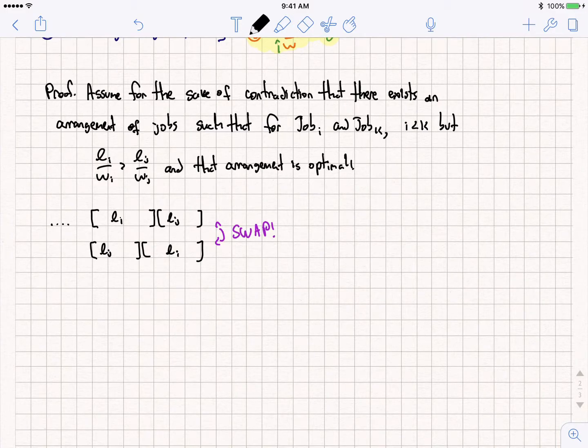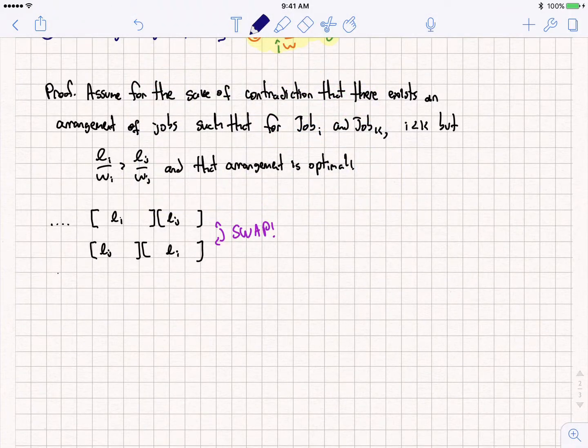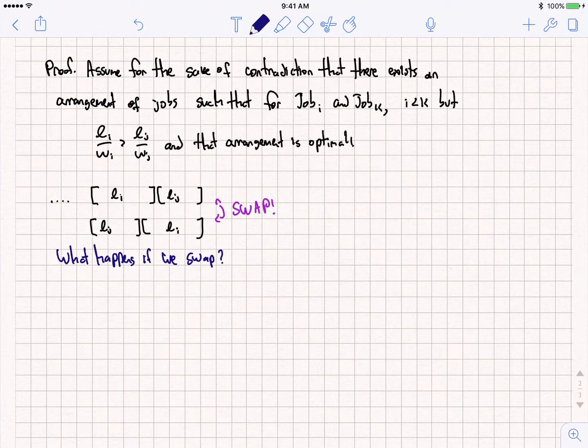So how can we actually swap these two? Well, what actually happens when we swap? That's the question we should be asking. So what happens if we swap? Well, if we swap, we're going to be getting an increase from putting this job over here, so we will be increasing the weighted sum.